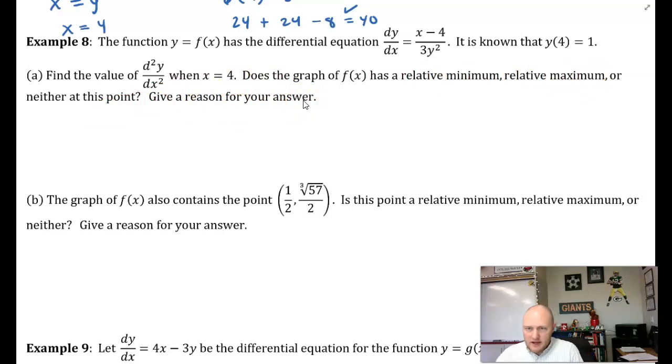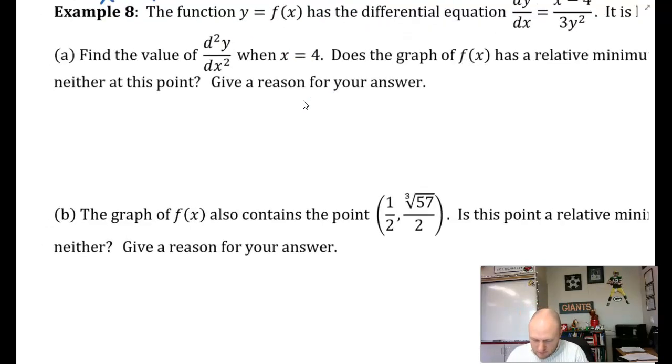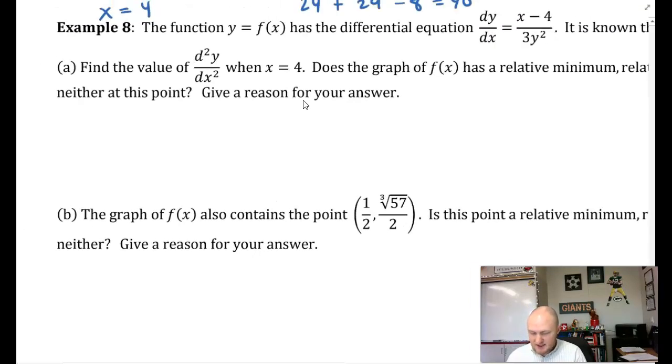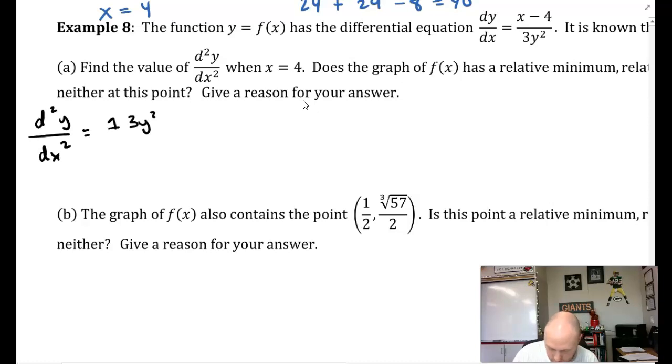So what we're going to do is first do what they say. They say find the second derivative when x is equal to 4. So I'm going to calculate the second derivative, d squared y with respect to x squared, which is equal to the derivative of the top, 1, times the bottom, 3y squared, minus the derivative of the denominator.